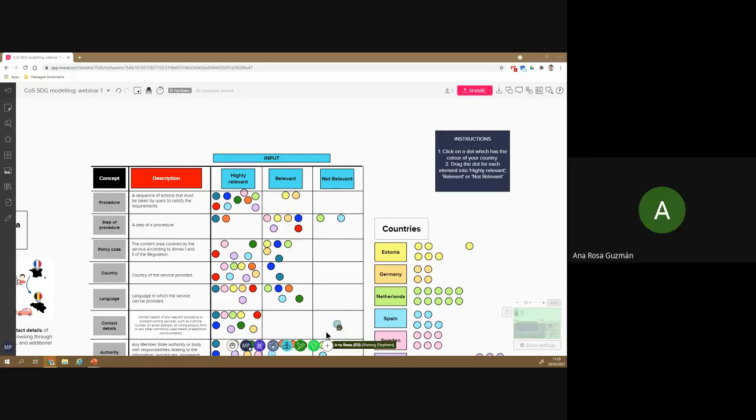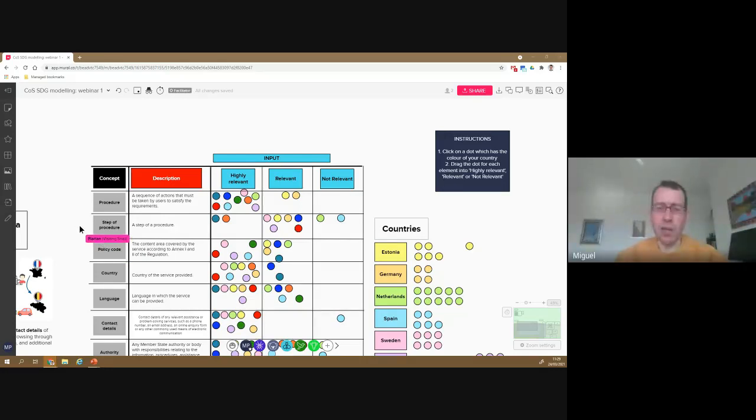Yes. So in this regard, for instance, I consider that the contact details are not relevant at the YourEurope portal level, because what is important is to have access to the national web page where you can find everything. Yes, let's say you're totally right.